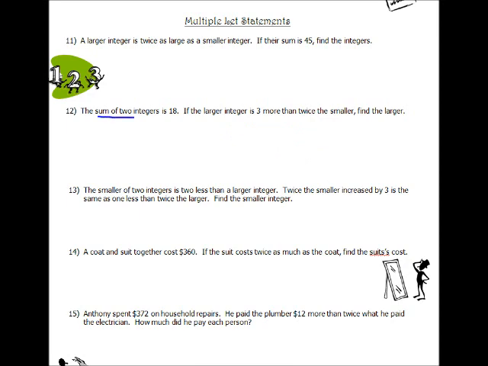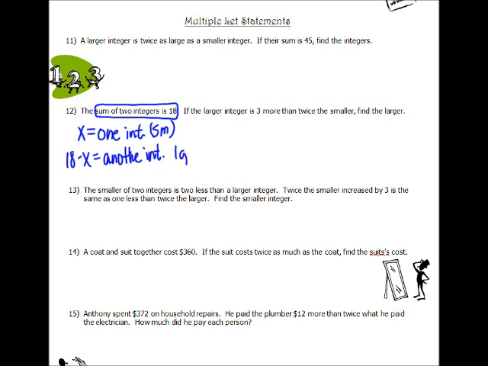So if I know the sum of two integers is 18, I can let x equal one integer, and then 18 minus x would be the other integer. Let's say that this is the smaller one, and this is the larger one.